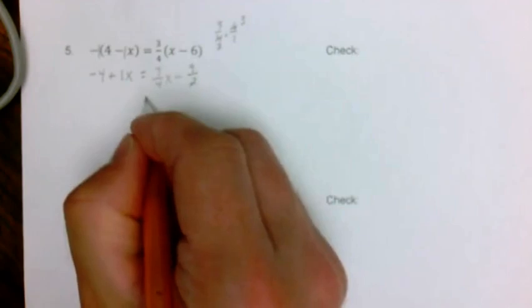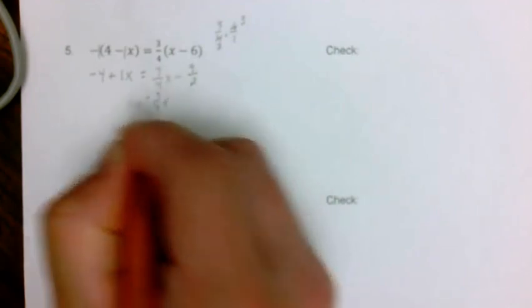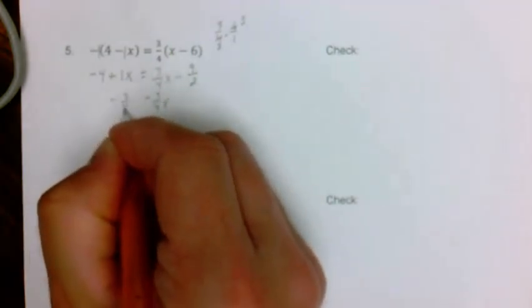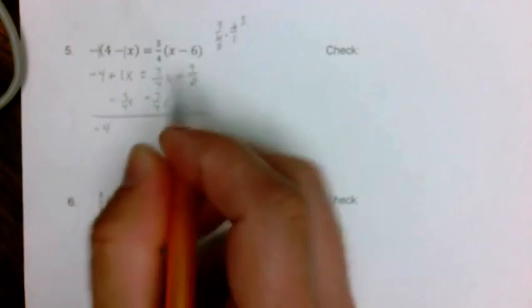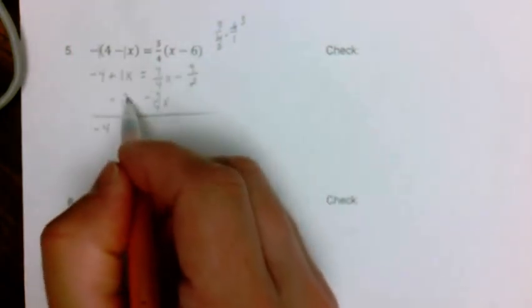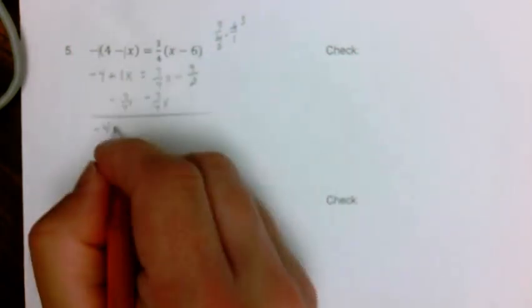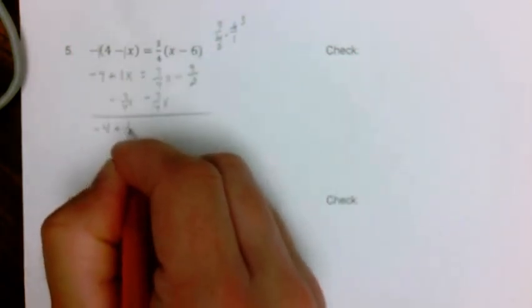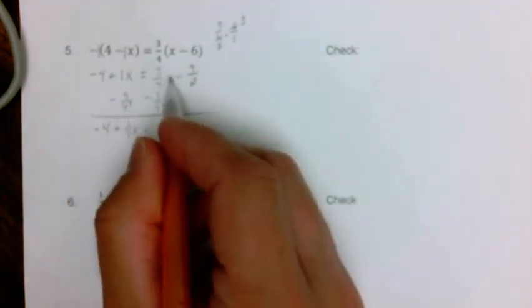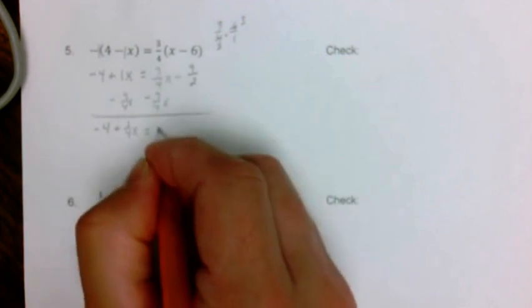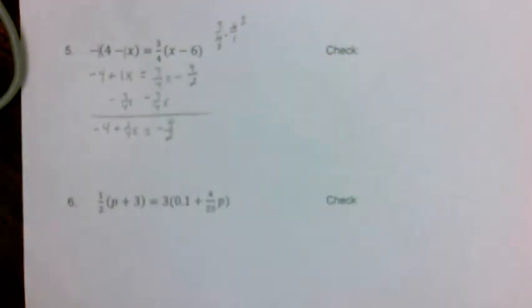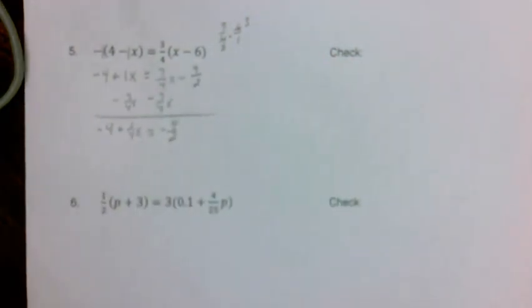So I'm going to subtract 3/4 x from each side to get all the variables on one side. When we do that, -4, and then 1x minus 3/4 x, well, that's just going to be plus 1/4 x, equals, on the right-hand side, 3/4 x minus itself is 0, so we're left with -9/2 on the right-hand side.